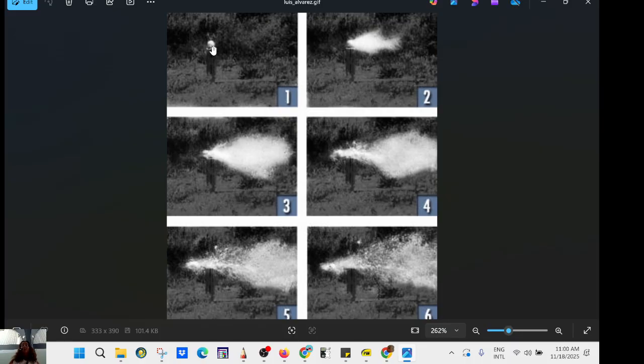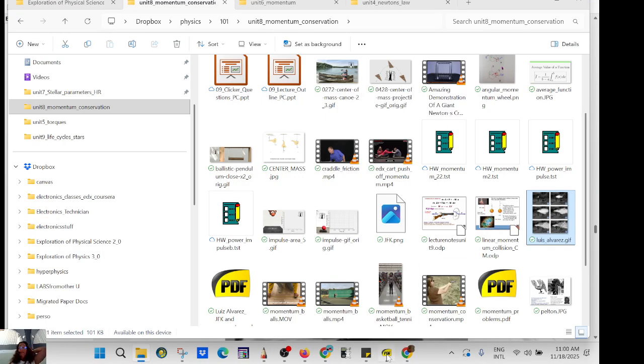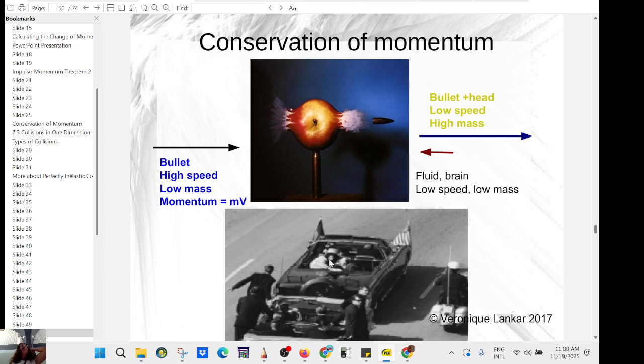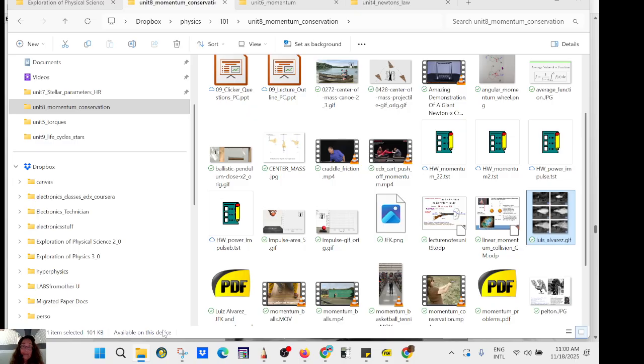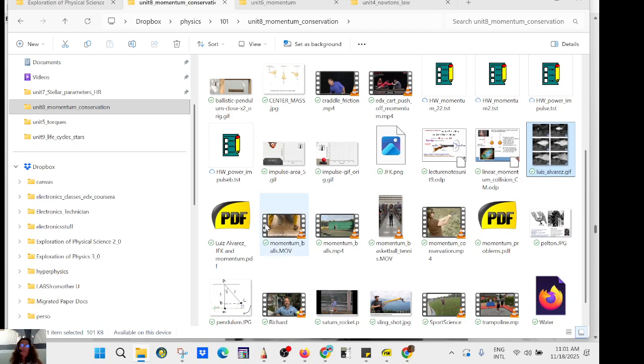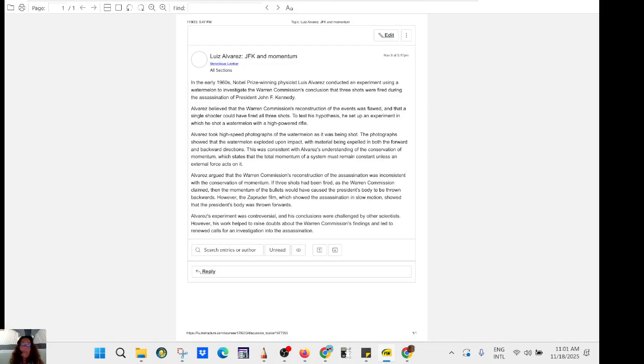His point was, it's not because you have stuff coming from the back of the president's head that you had two shooters. It could be just one because of conservation of momentum. It's a very famous experiment. There is a website that explains that. Luis Alvarez.